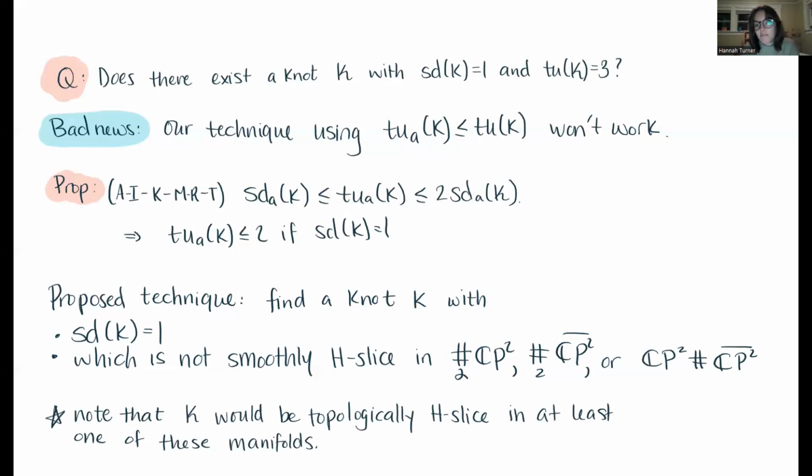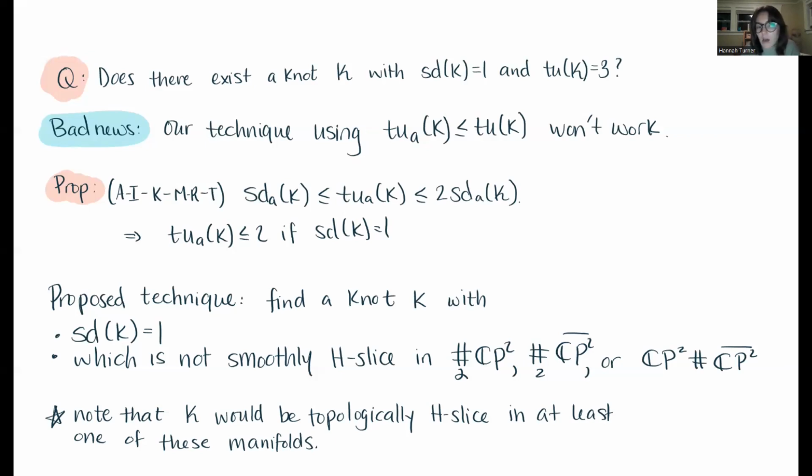I'll just say that this is maybe even harder than it might appear at first, because this knot is going to be topologically H-slice in at least one of these manifolds, because we know that the algebraic untwisting number is at most 2. And we said there's some relationship between the algebraic untwisting number and being topologically H-slice in connect sums of CP2 and CP2 bars.